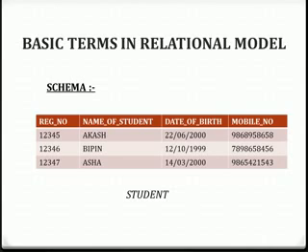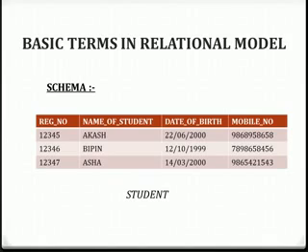Tuples are 1 2 3 4 5 Akash 22 6 2000, then 98689586558. Okay, all these are the tuples. Then domain are Akash, Bipin, Asha, then the mobile numbers, all the values inside the cell is the domain.